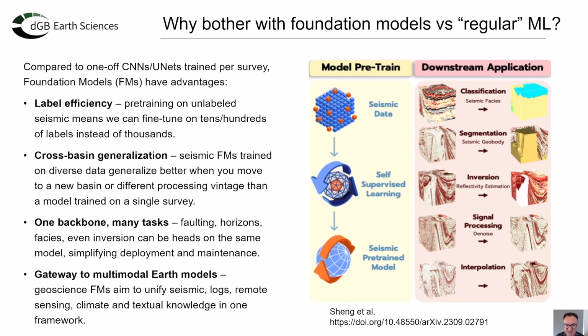And these are the gateways then to multimodal Earth models where we can aim to unify seismic, logs, remote sensing, climate, textual knowledge all in one framework. And of course, this is the dream. And we have to be careful, of course, as I mentioned before, of things like hallucinations and where knowledge that was learned in one place may not be applicable in another place.